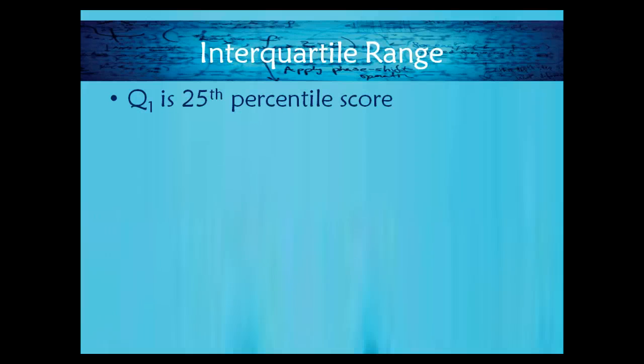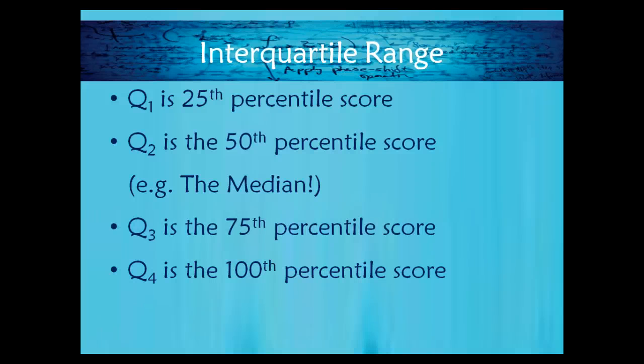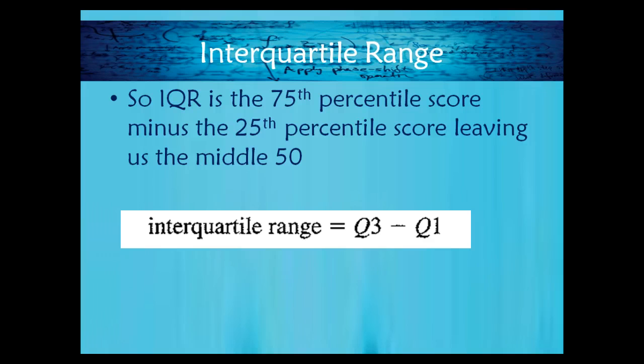Q sub 1 is the 25th percentile, Q sub 2 is the 50th percentile, otherwise known as the median, Q sub 3 is the 75th percentile, and Q sub 4 is the 100th percentile. So the interquartile range is the 75th percentile minus the 25th percentile, leaving you the middle 50.